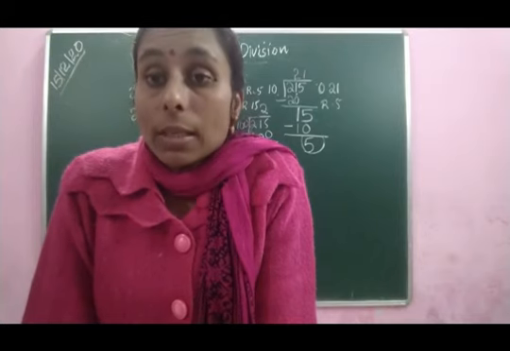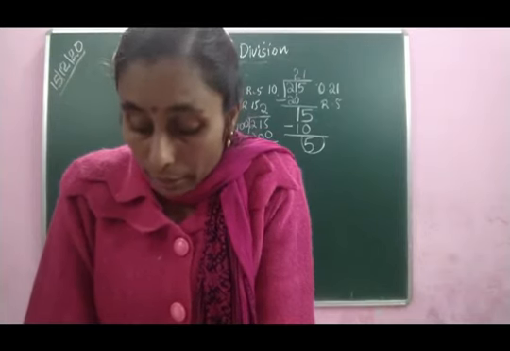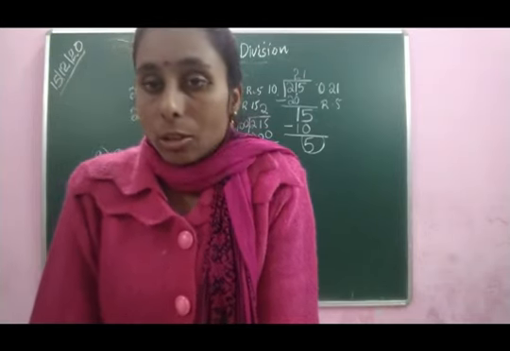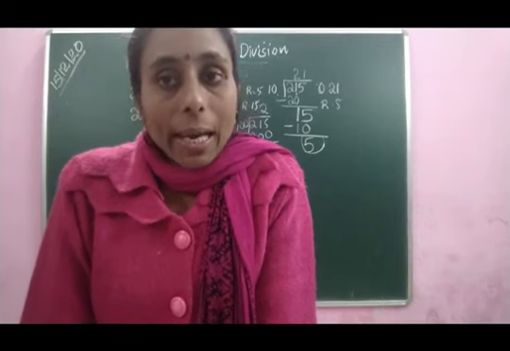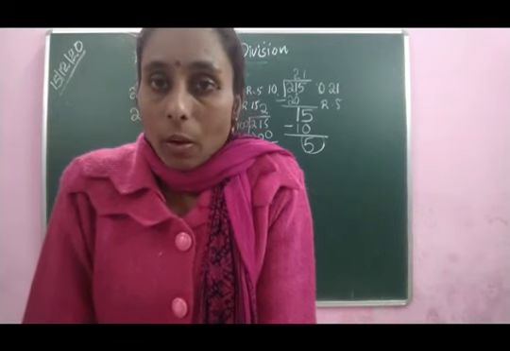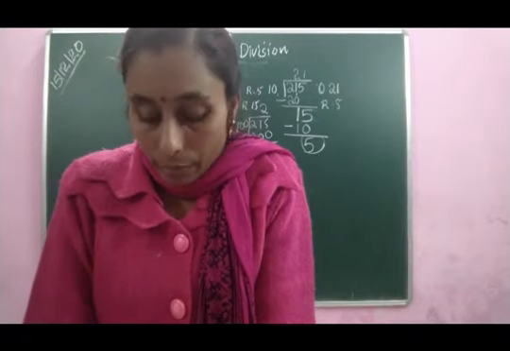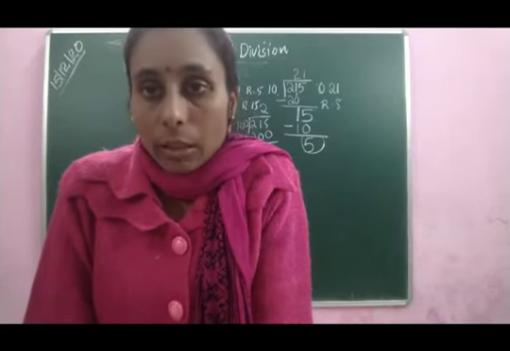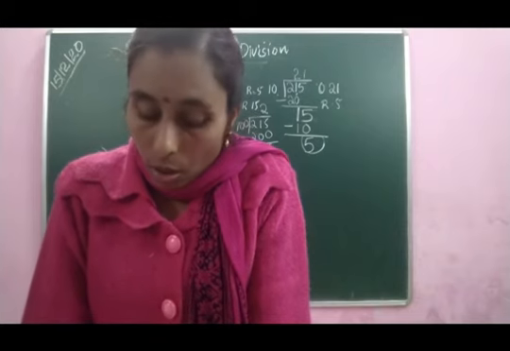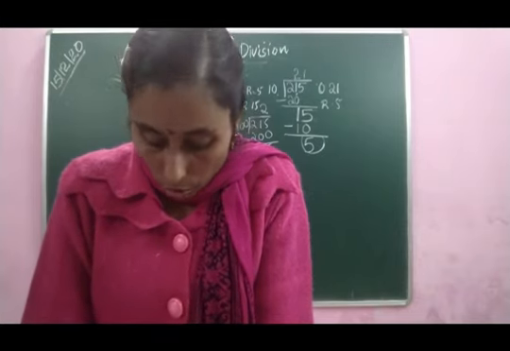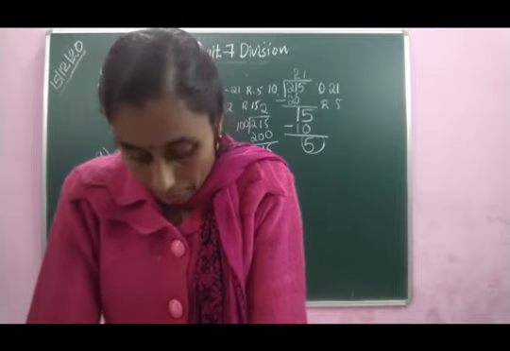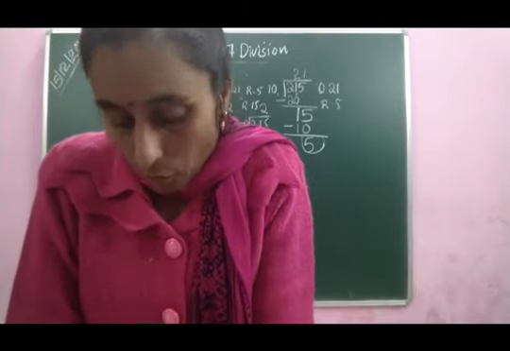Then 1823 divided by 1 is equal to 1823, because when we divide a number by 1, we always get the number itself.